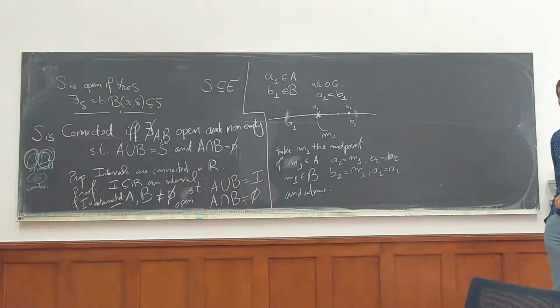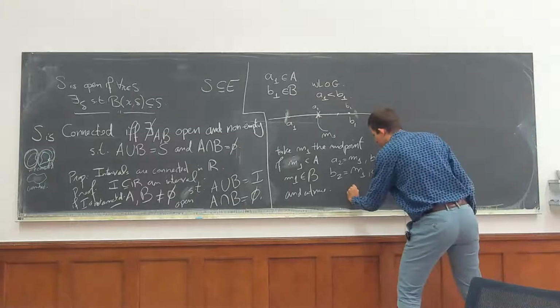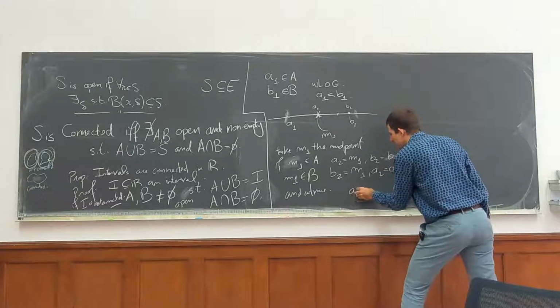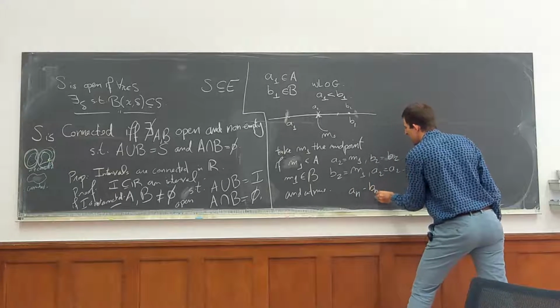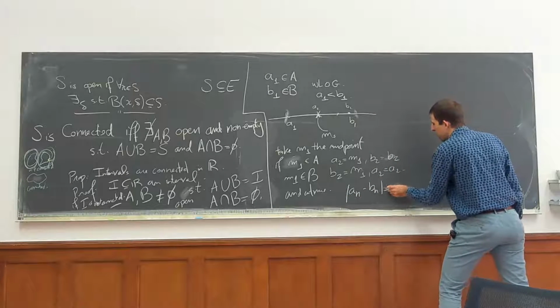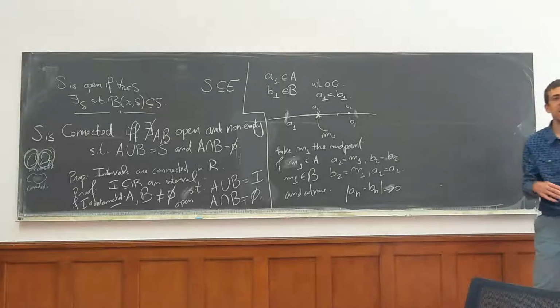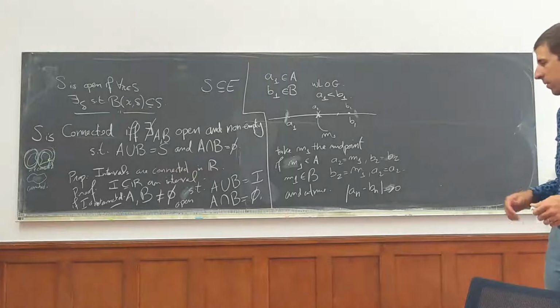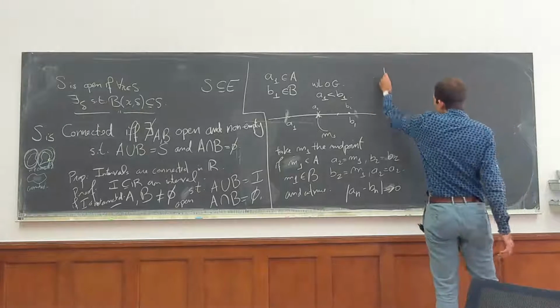Okay, so the distance between An and Bn is definitely going to go to 0, because every time it goes down by a half. It's not so hard to see.